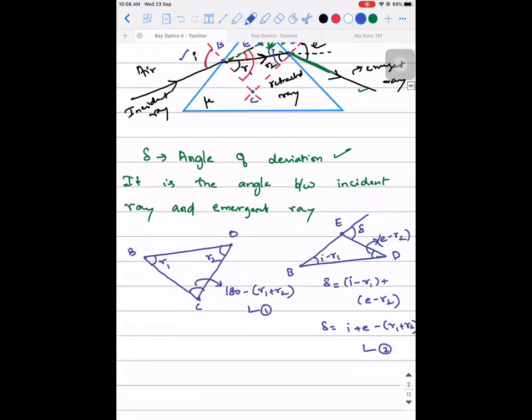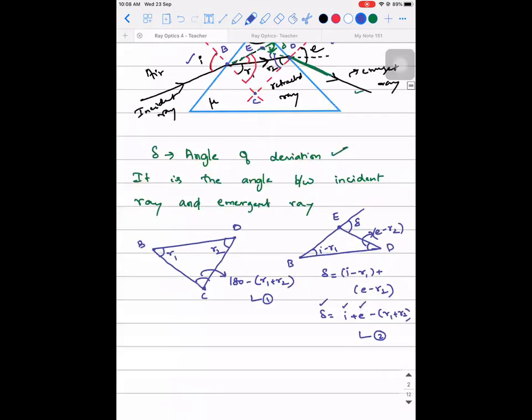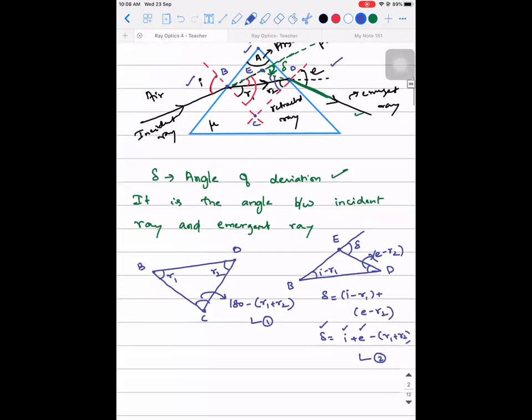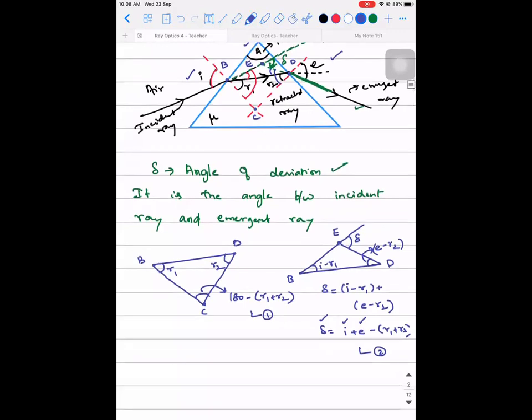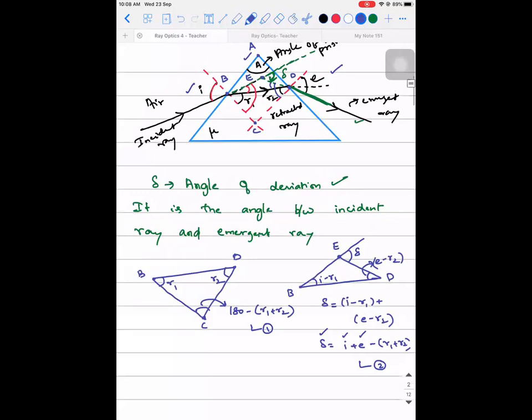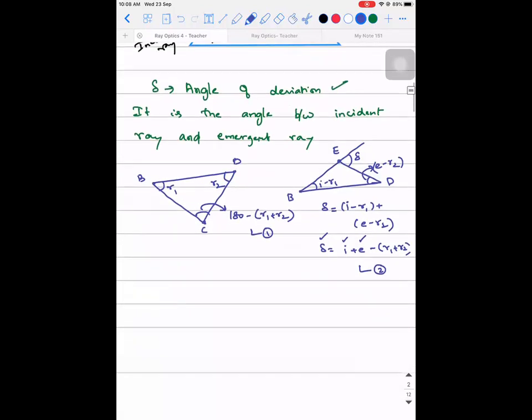So we are trying to derive the angle of deviation. We got it in terms of I and E. But R1 and R2, it is difficult for us to measure from the experimental perspective. So we need to get R1 and R2 in terms of A. Right? If I need to get R1 and R2 in terms of A, then we need to introduce a quadrilateral ABCD. Observe. I'm taking the quadrilateral.